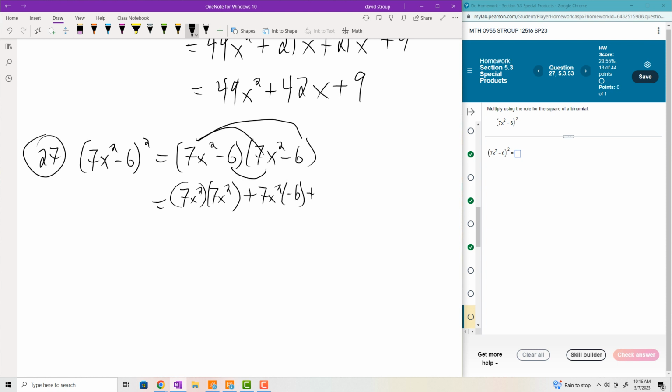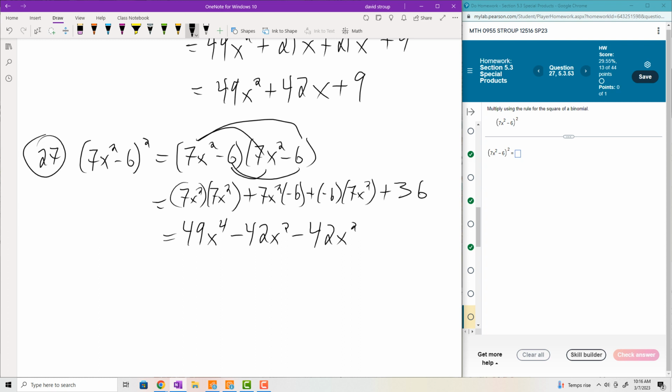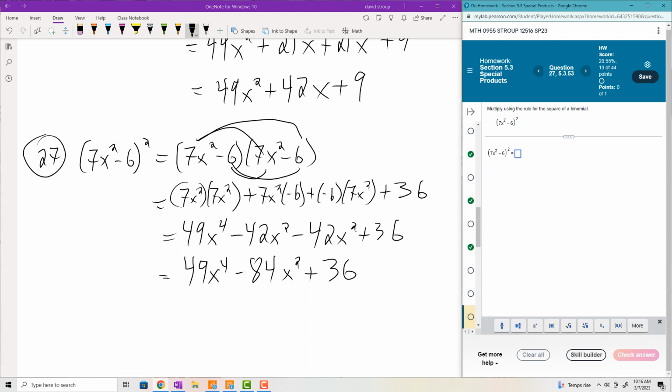Inner. And then last. Negative 6 times negative 6 plus 36. Okay, 7 times 7, 49, x to the 4th, add the exponents, minus 42x squared, minus 42x squared, and then plus 36. So we'll have 49x to the 4th minus 84x squared, and then plus 36. Should get the job done.